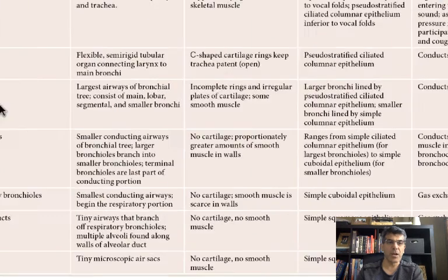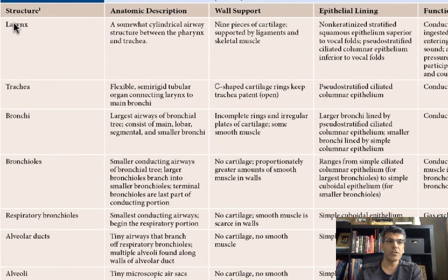So let's review one more time. Above the vocal cord is non-keratinized stratified squamous. Below the vocal cord is pseudostratified ciliated columnar. Trachea also has pseudostratified ciliated columnar. Large bronchus, the same thing, pseudostratified ciliated columnar. Smaller bronchus is going to change to simple columnar epithelium.